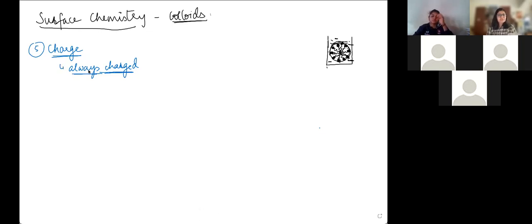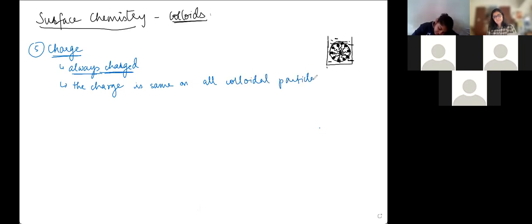So colloidal particles are always charged, and the charge is the same on all colloidal particles. If a soap solution forms, all the soap micelles will have negative charge only.